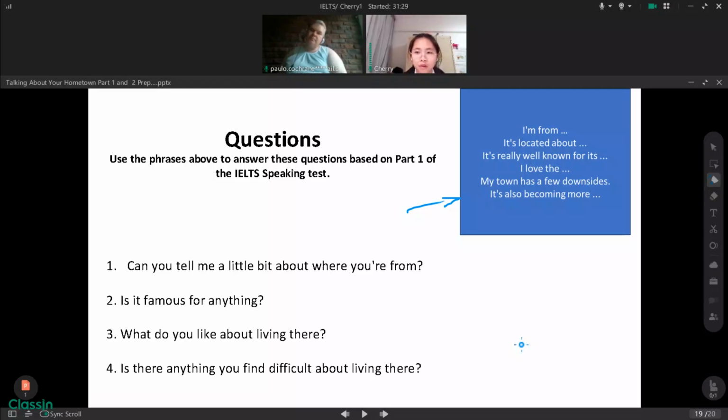I'm from Guangzhou. It's located about 2 hours south of the Guangdong.